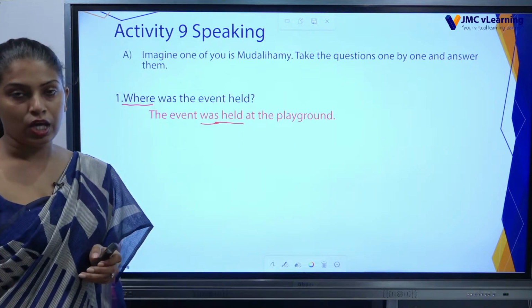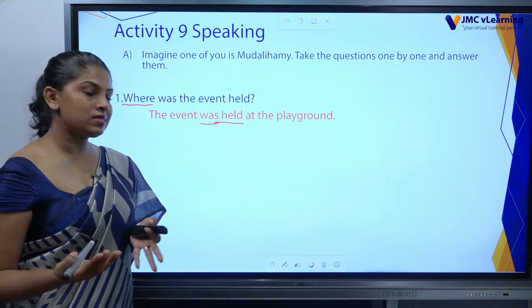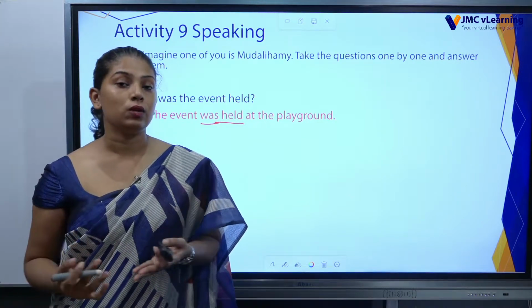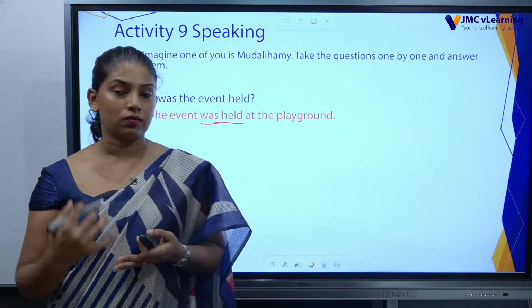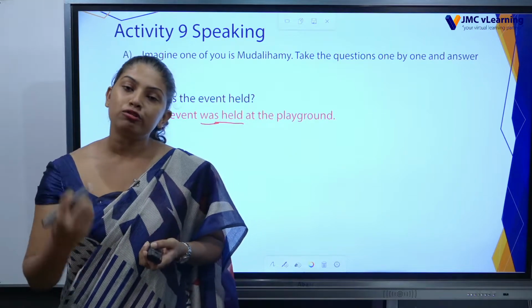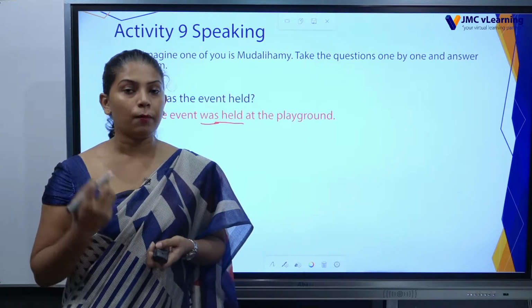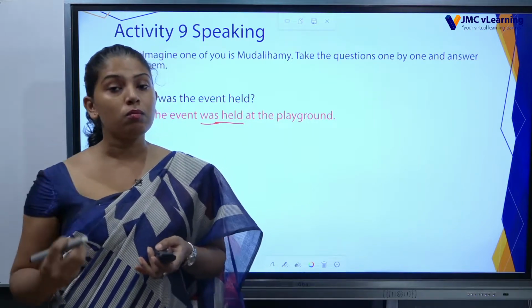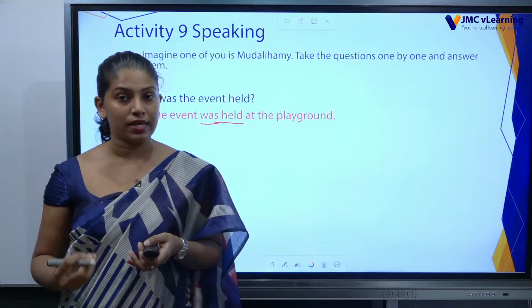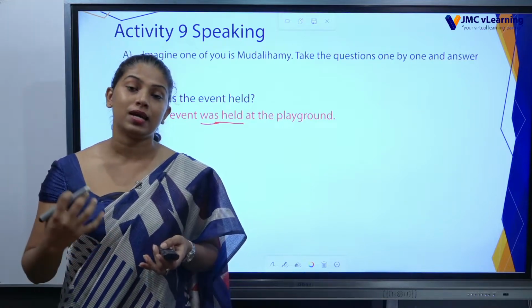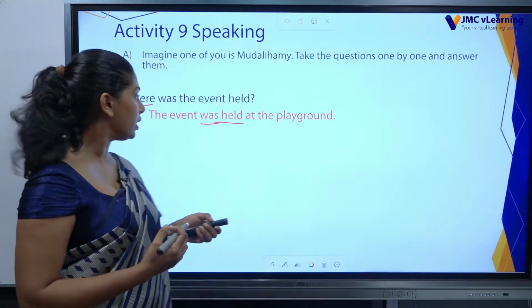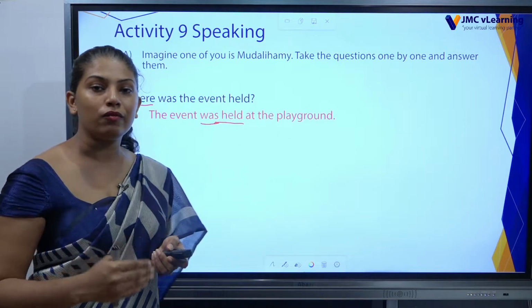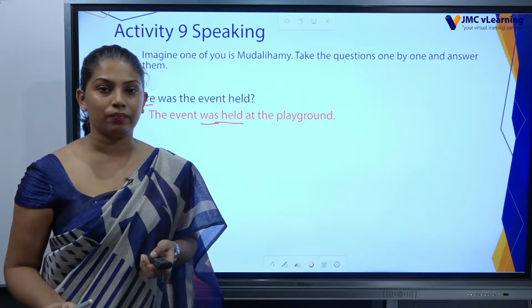That is the answer. Sometimes children give short answers, like just at the playground. But more than a short answer, you can score more marks when you write a full answer, and it is a must to write a full answer as a grade 9 student. So you can write the event was held at the playground instead of writing just the playground.